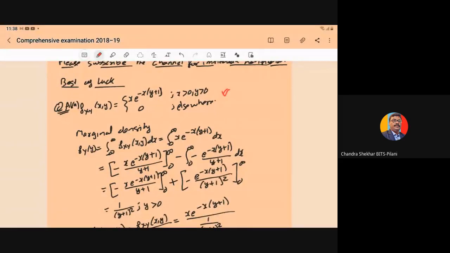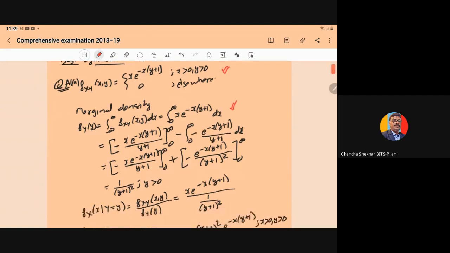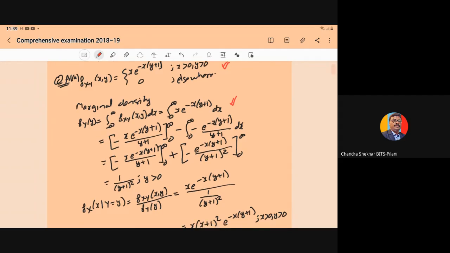For this question it will be the integral from 0 to infinity of x e^(-x(y+1)) dx. When you integrate by parts it will give you minus x e^(-x(y+1)) upon (y+1), limit 0 to infinity, minus the integral from 0 to infinity of minus e^(-x(y+1)) upon (y+1) dx.